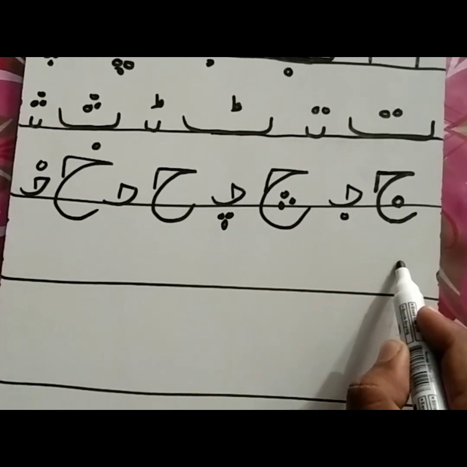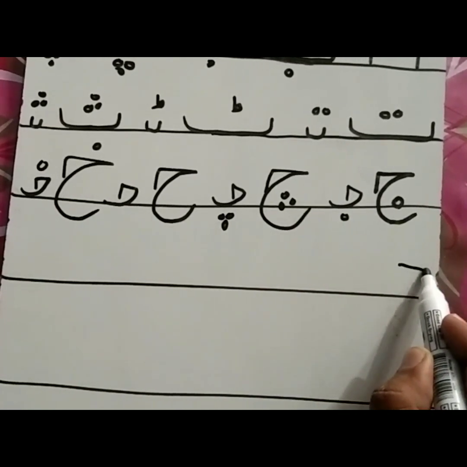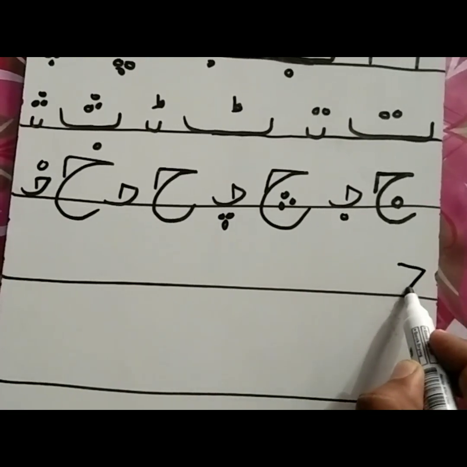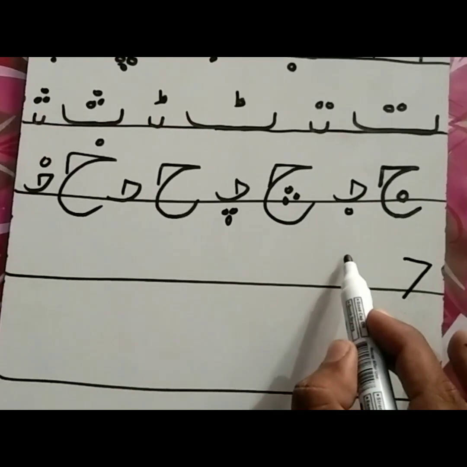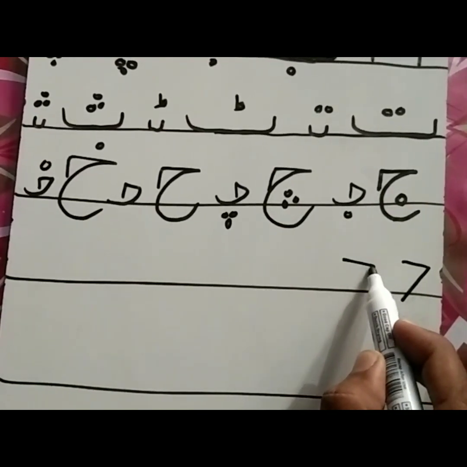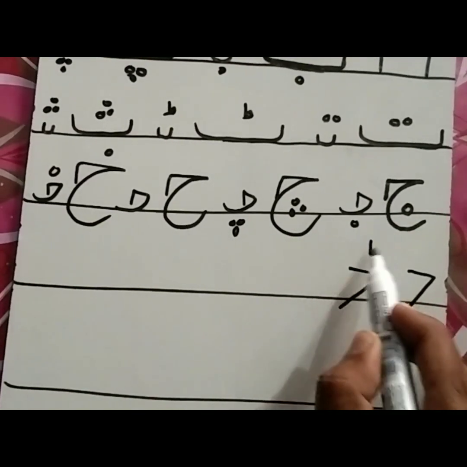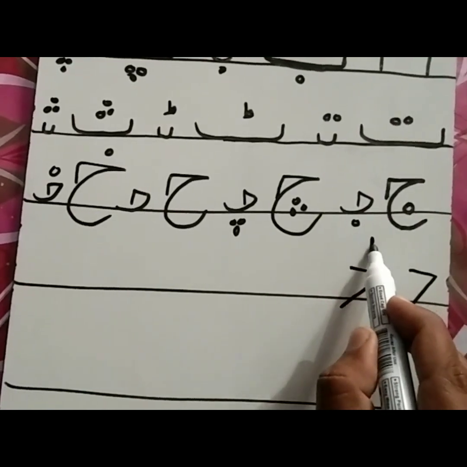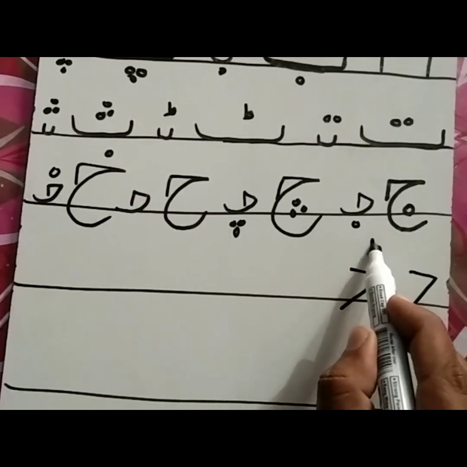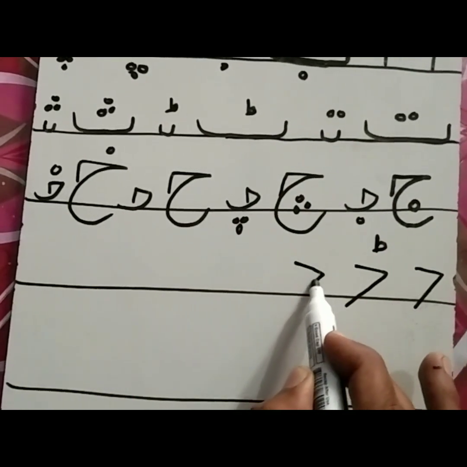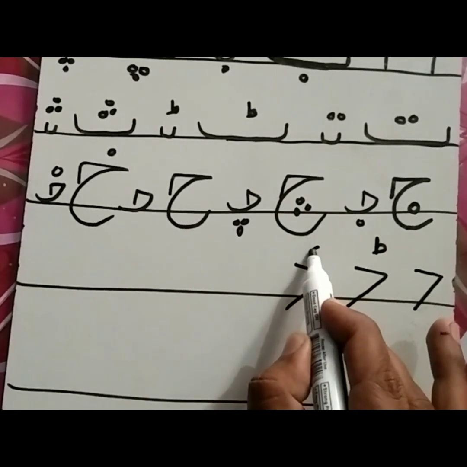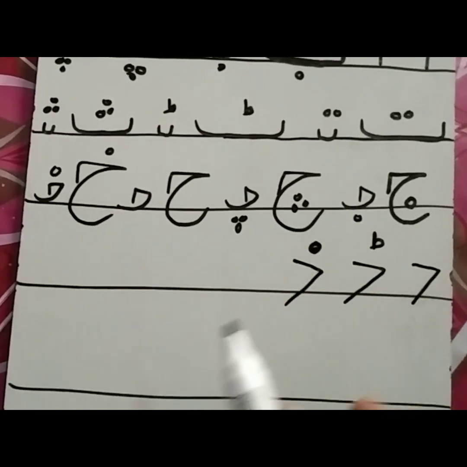Dal: sleeping line, then a slanting line, and cross a little bit to the line, like this. Dal. Then Zal, you have to put the sign of Dal and put one dot above.